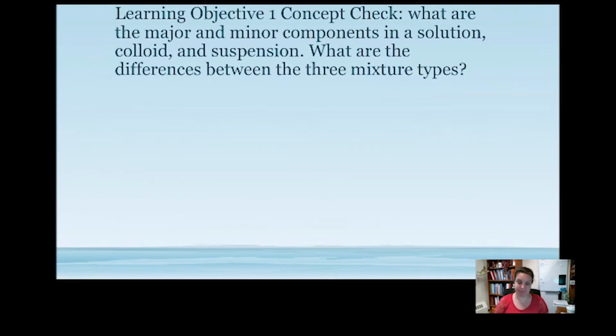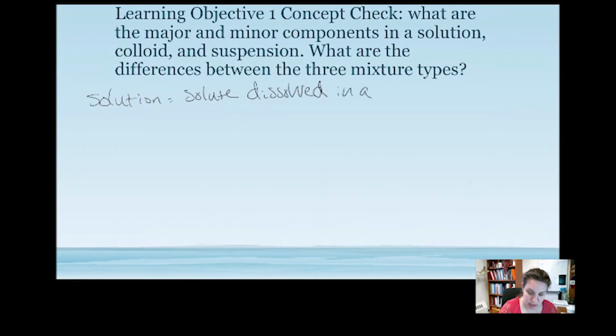Okay, let's check in and see how we're doing with our concepts so far. So what are the major and minor components in the solution, colloid and suspension? Also, what are the differences between the 3 mixture types? So with a solution, we have a solute dissolved in a solvent.